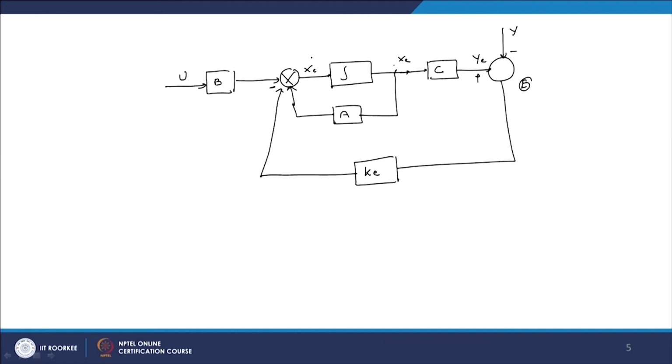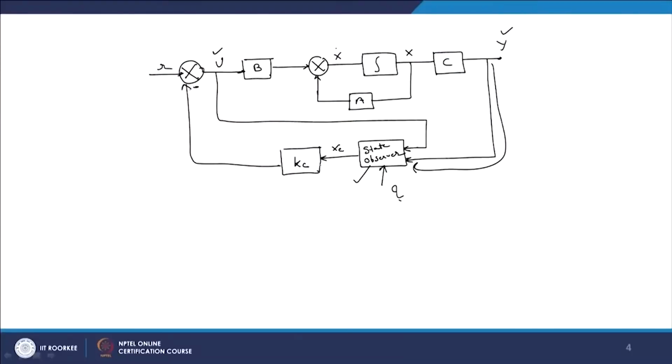So, once we have got this XC, we have to apply it to the actual system. That means this XC which we have seen here is nothing but this XC, and now here it goes to the controller and the reference. That means this is a closed loop control system, and our control law is here Kc times Xc plus r.